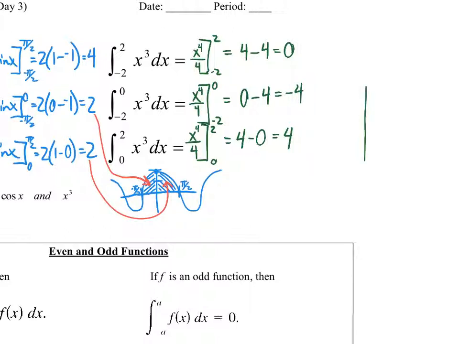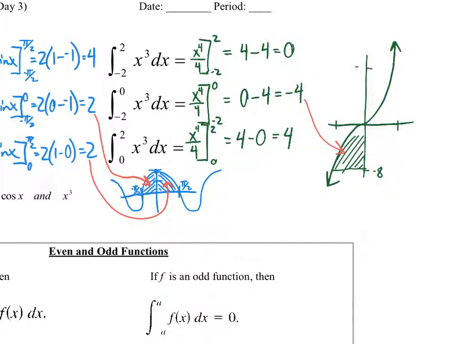And if you remember what this function looks like, the cubic parent function, at negative 2 we're at negative 8. So this area right here is the negative 4. Whereas at the point 2, we go to 8.